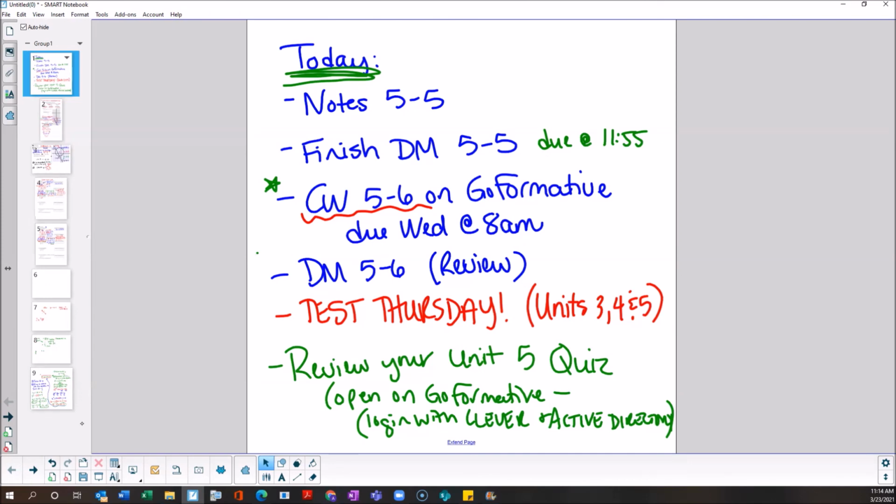If you do better on the Unit 5 test than you did on either Unit 3 or Unit 4, we'll take the lowest grade from Unit 3 or Unit 4 and average that with whatever you get on the Unit 5 test and put that grade in for whatever your low test grade was on Unit 3 or Unit 4. So it'll only be on one of those two tests, and we'll average your grade together.